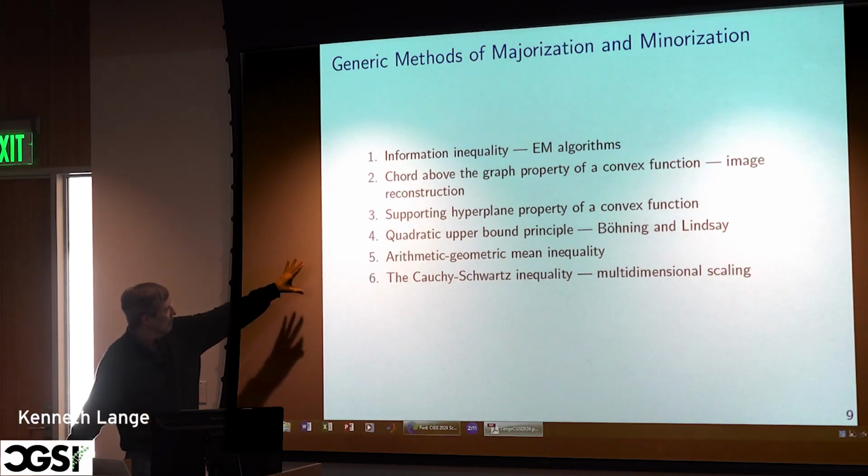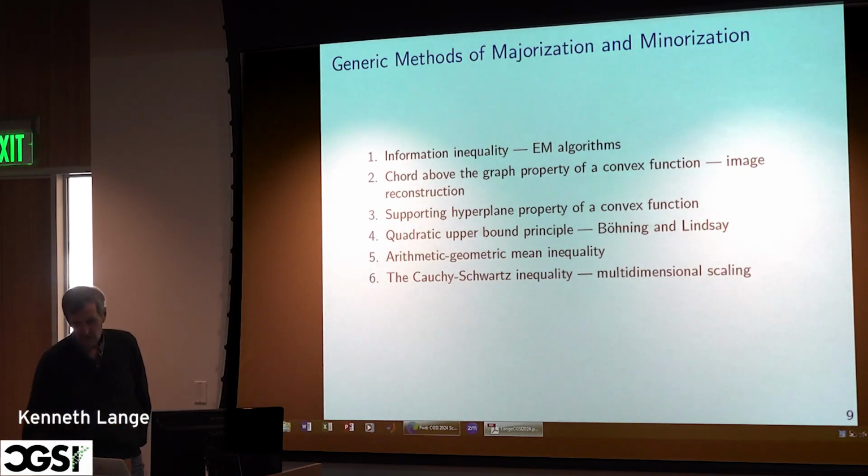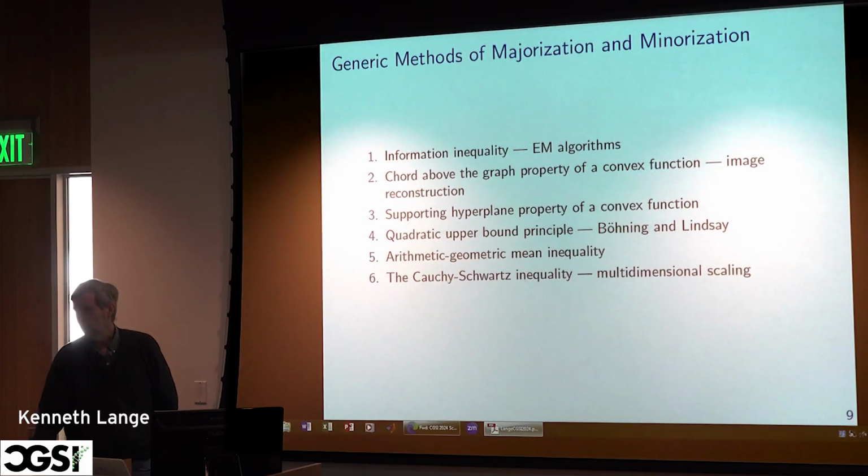And then I list a couple of other classical inequalities that have turned out to be useful in this context. So you can see there are literally thousands of inequalities, but a few of them are much more basic than others. And these are the ones that most often turn out to be useful.